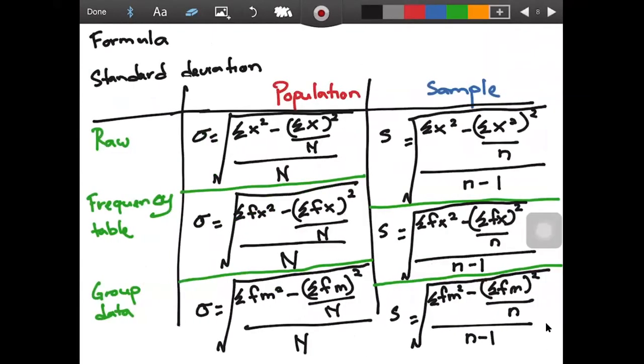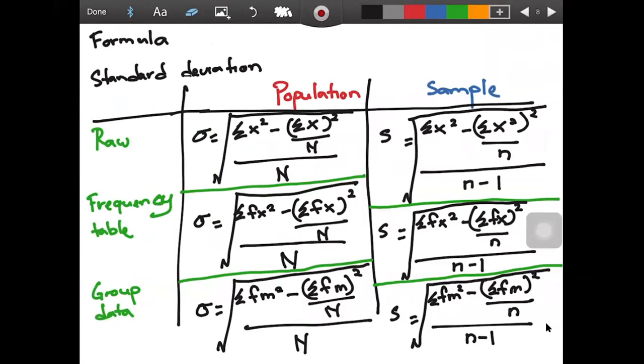For standard deviation, this is the formula. Sorry, my handwriting is a bit messy, but I hope you can look at this. Same, there are 3 types of data that can be given in the questions. It can be raw data, in the form of a frequency table, or group data.